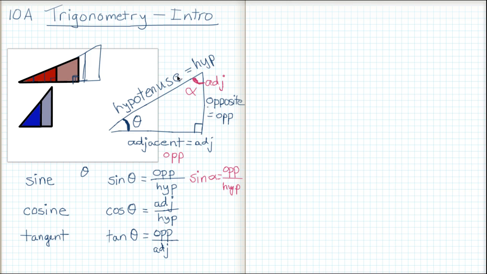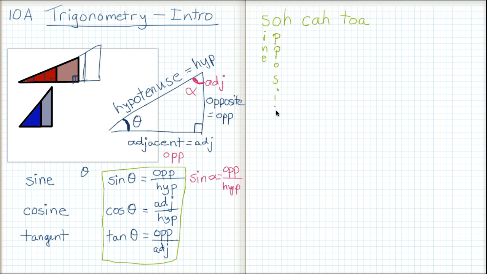So as long as you've labeled your triangle correctly with the right sides, then you just always use these 3 ratios. Those 3 ratios are pretty important, and you have to find a way of memorizing which ratio belongs to which sides. A mnemonic that people have been using for years is SOH CAH TOA. The S in the first word stands for sine. The O stands for opposite.